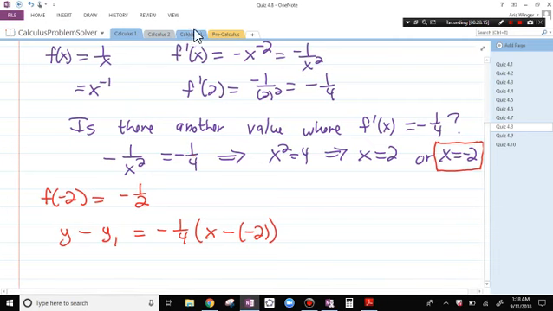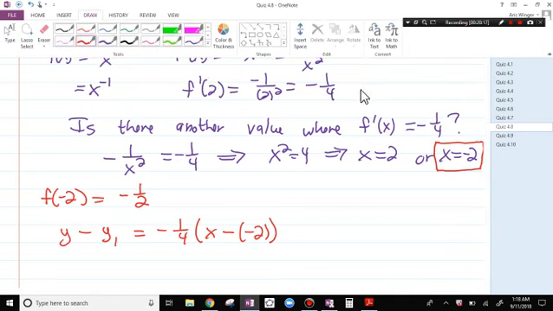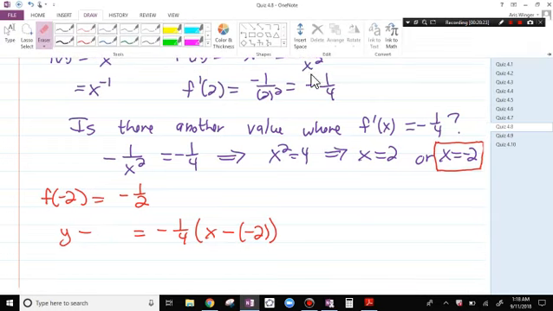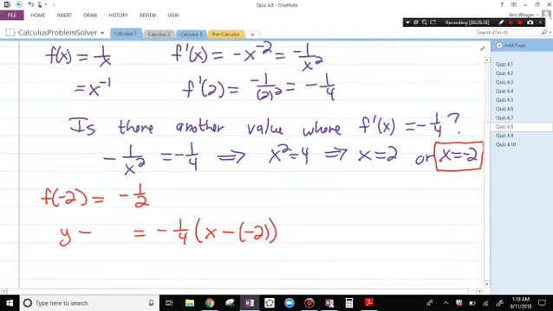Right. y1 we know, y1 is negative 1/2. It's y plus 1/2 equals negative 1/4 times x plus 2.